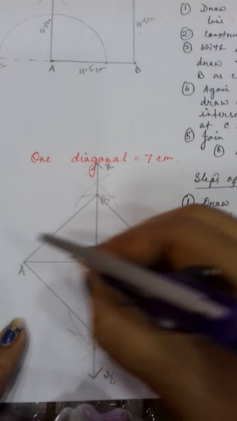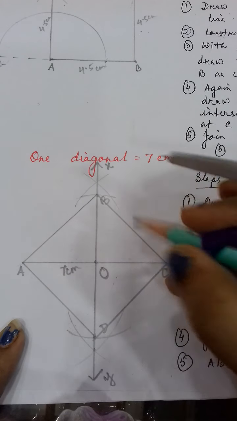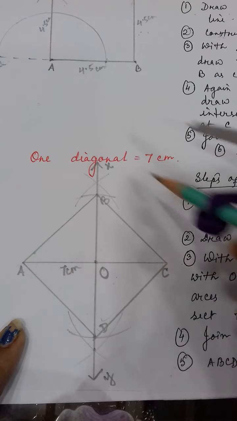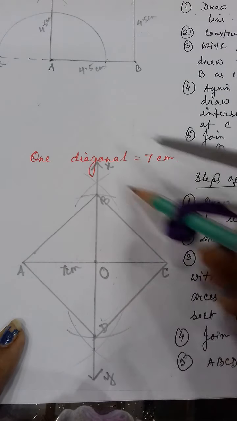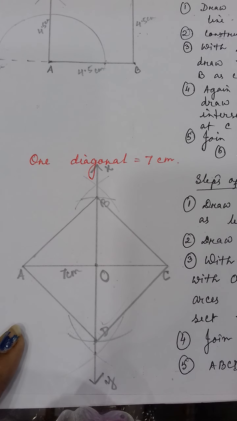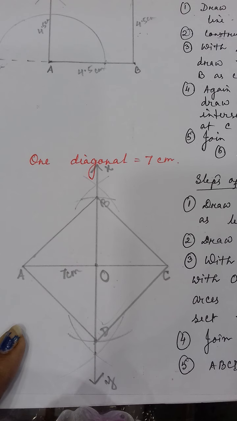So this diagonal measurement is 7 centimeter. Now if you take the measurement of these 4 line segments, you will see all the line segment measurements will be the same. So students, clear how to construct a square with one side and one diagonal. In both the cases, the perpendicular bisector is a must.